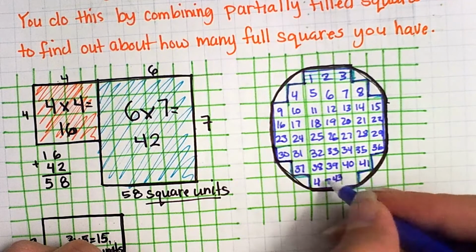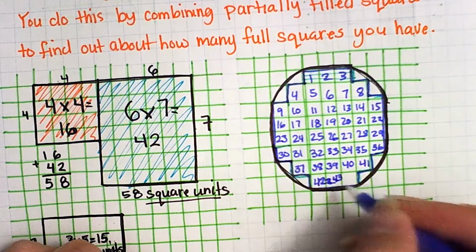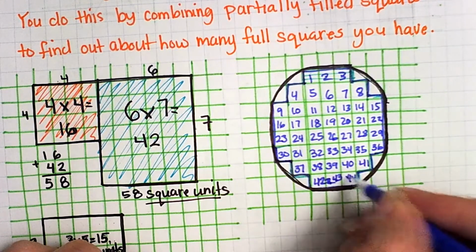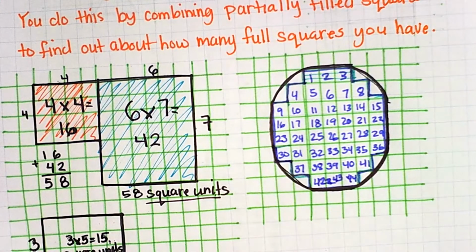Oops. This one was 42. That's 43, and this one's 44. So we have 44 that are whole.